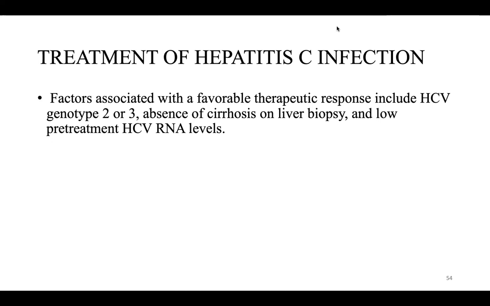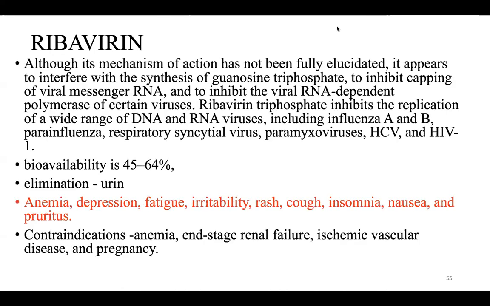The drug ribavirin is a guanosine analog that is phosphorylated intracellularly by host cell enzymes. The absolute oral bioavailability of ribavirin is 64%, increases with high fat meals, and decreases with co-administration of antacids.